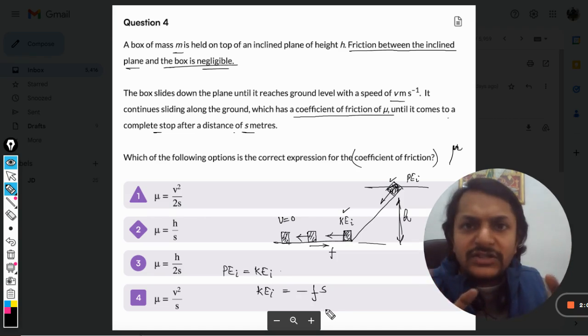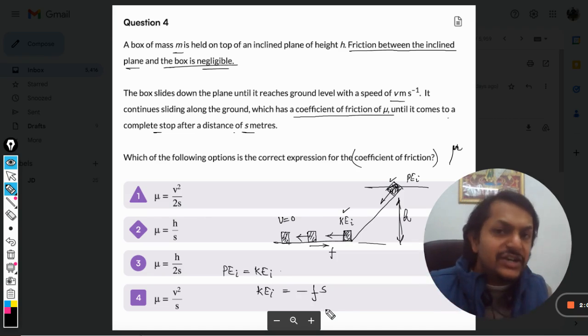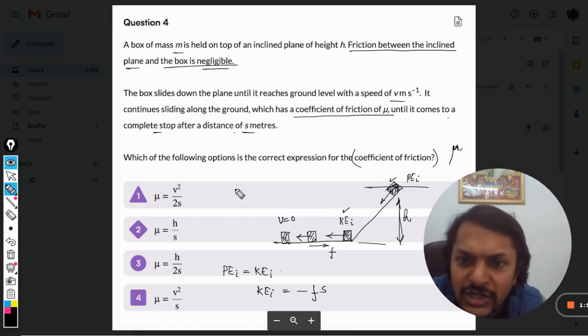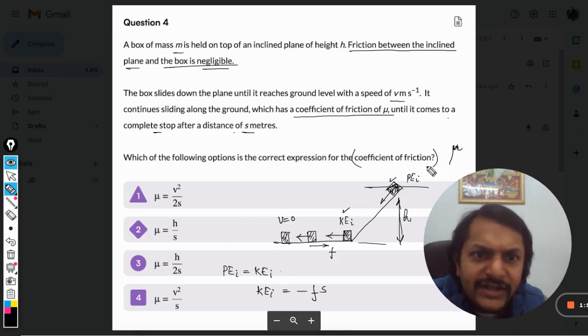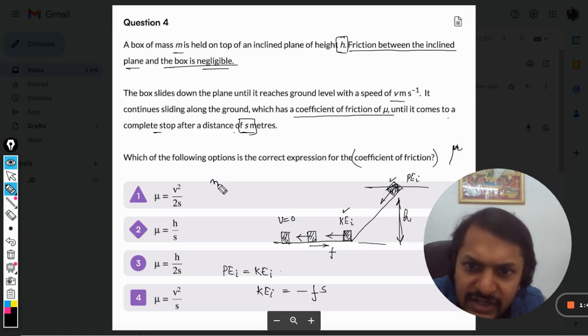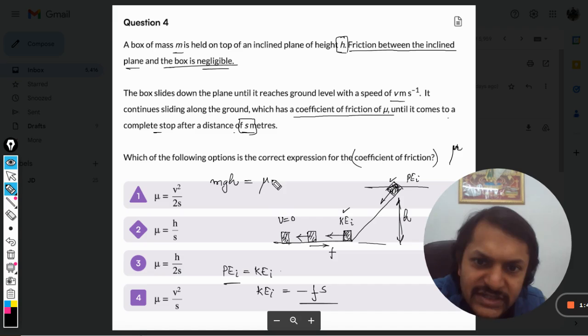So we can skip this negative sign now because we are considering only magnitudes here. That is why, as for the calculation, we will see. Here the height is given as h. So definitely mgh is the potential energy that will be equated with the work done by friction, which is mu s into m into g, because at this time the normal reaction is equal to the weight mg.